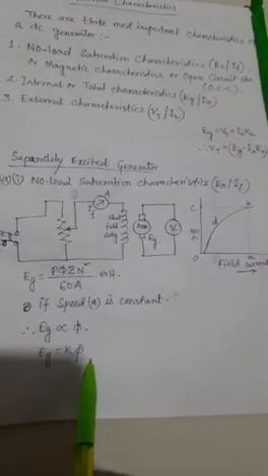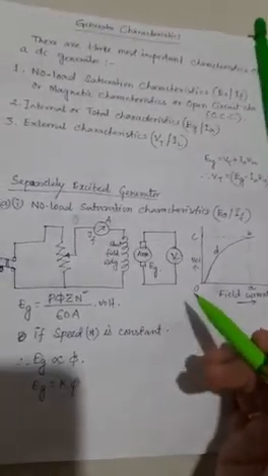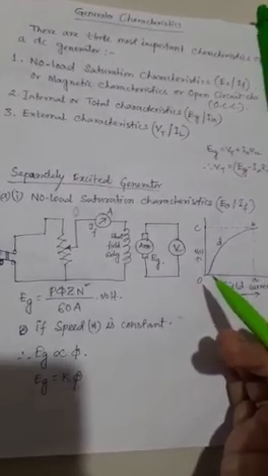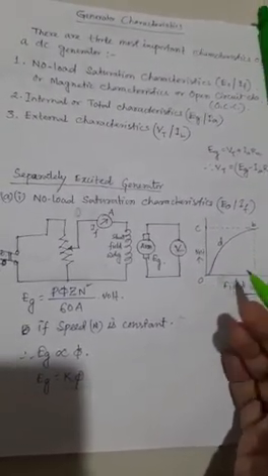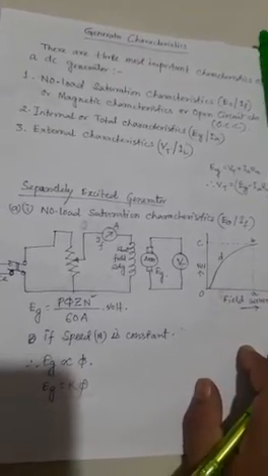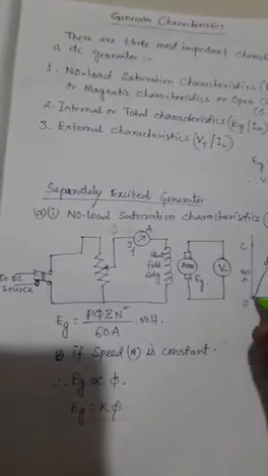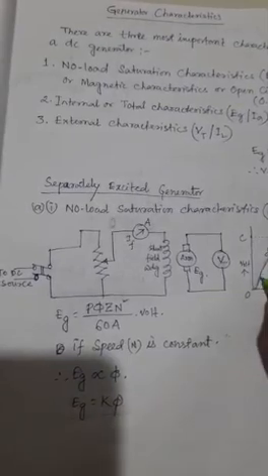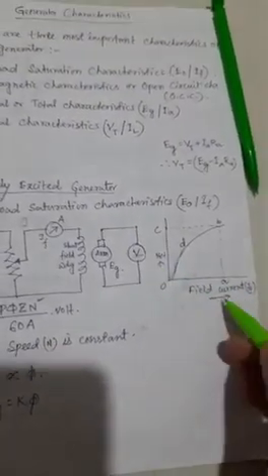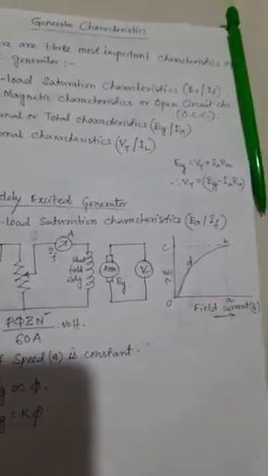Now when IF is increased from its initial small value, the flux phi and hence the generated EMF EG increase directly as current so long as the poles are unsaturated, and this is represented by the straight portion from O to D. This is the E naught versus field current characteristic.